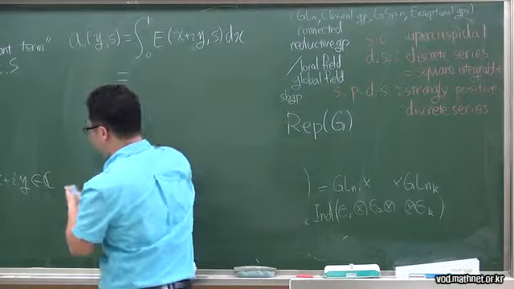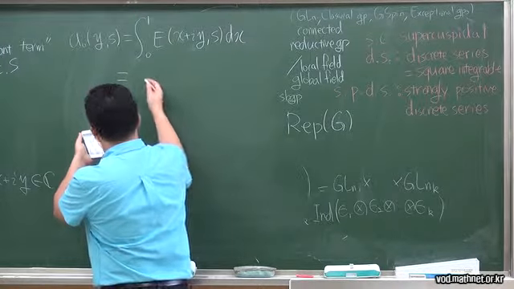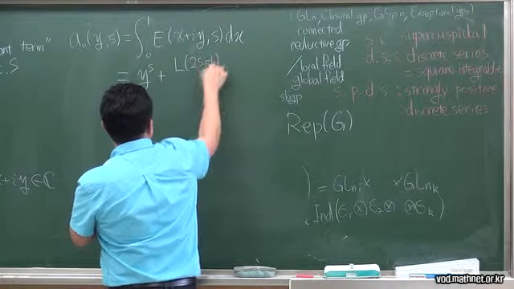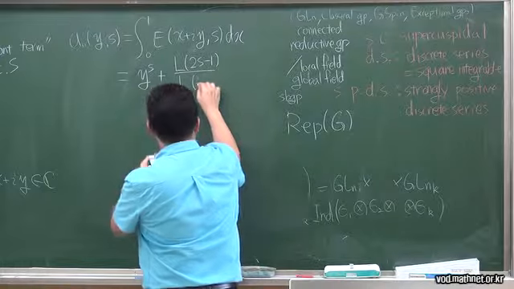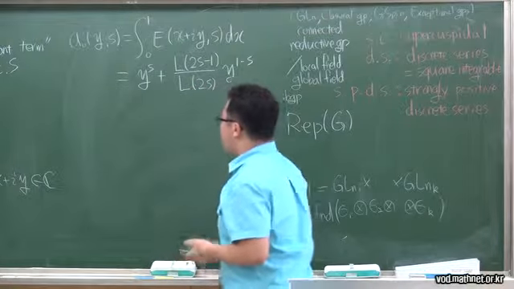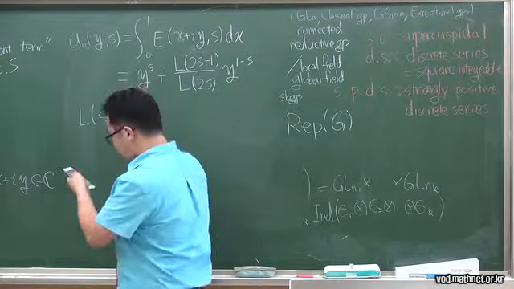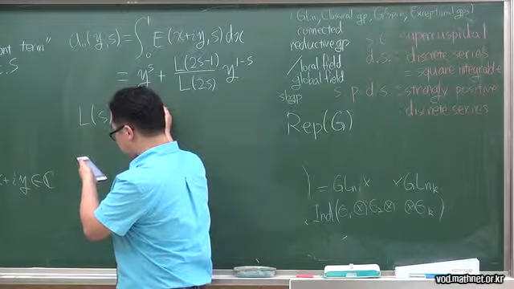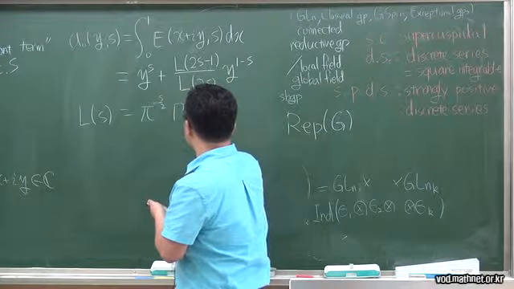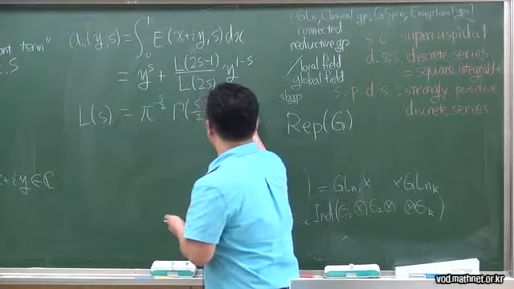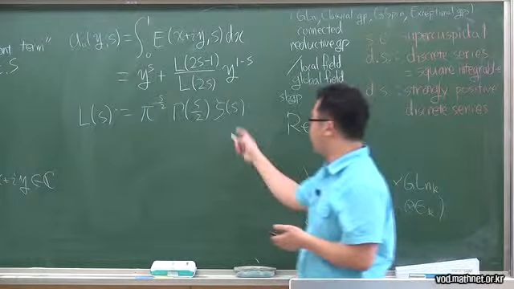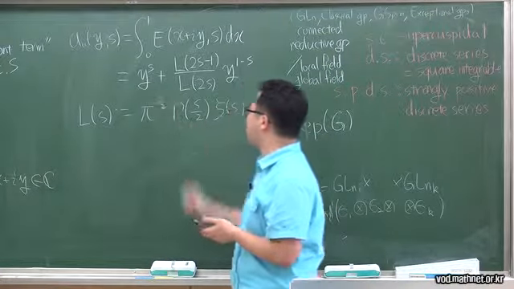And after you calculate this, it becomes y to the s plus L(2s minus 1) over L(2s) times y to the 1 minus s, where the L function here is the complete Riemann zeta function, which is defined by pi to the negative s over 2, times gamma function of s over 2, times the Riemann zeta function. So which is given by this. This is the so-called complete Riemann zeta function. Other than the Riemann zeta function, we add this part, the real part of the L functions.